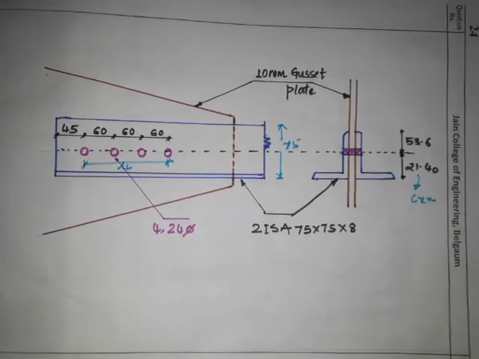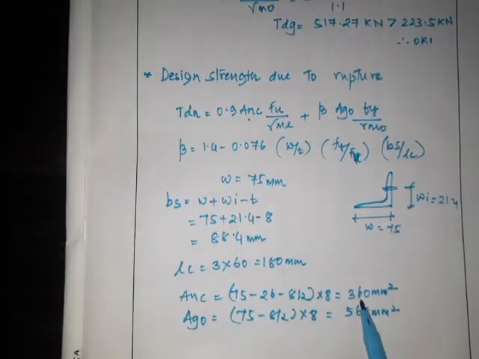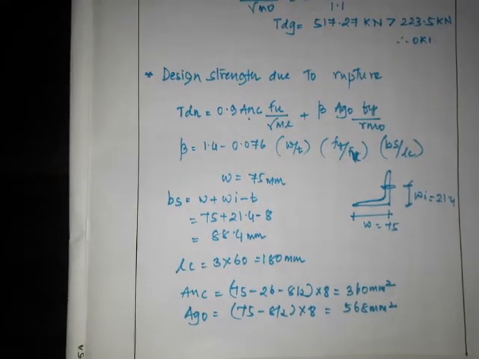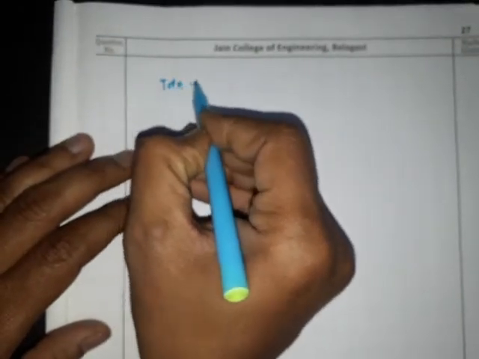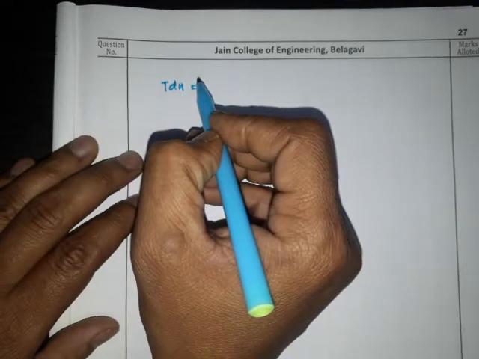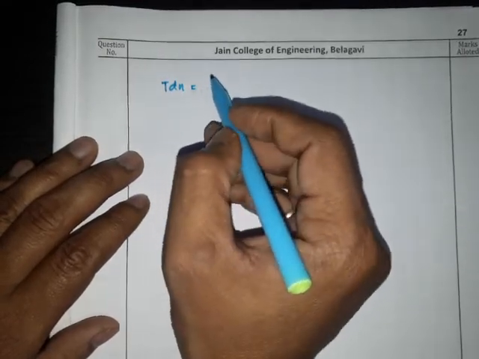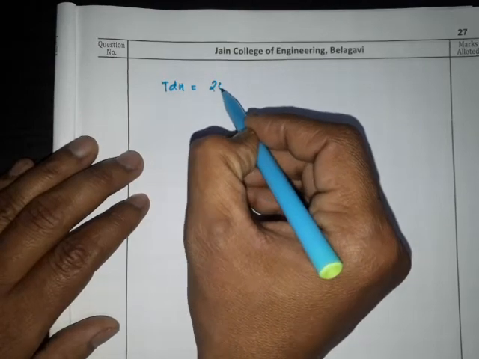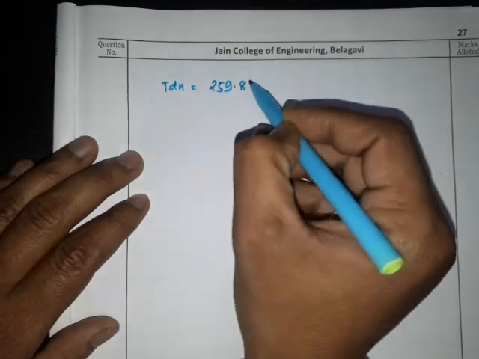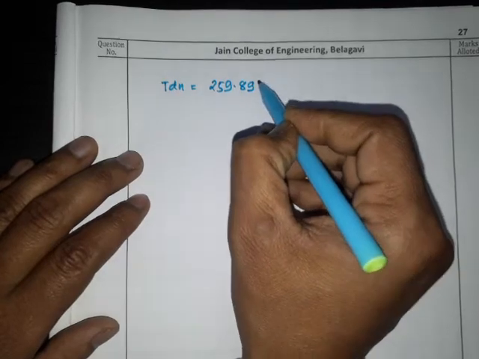We got the same 360 and 568. Understood? Therefore, after substituting all the values, we get Tdn as 259.89 kilonewton, for a single angle.